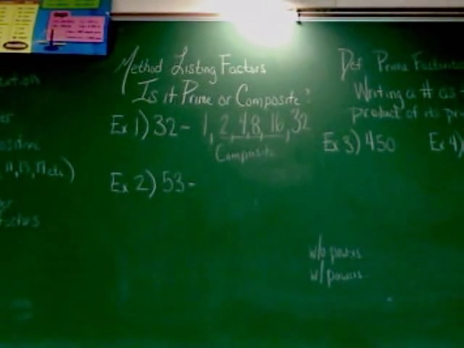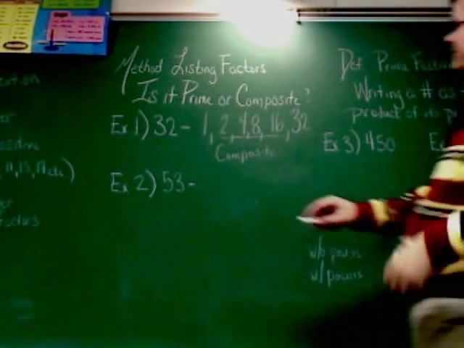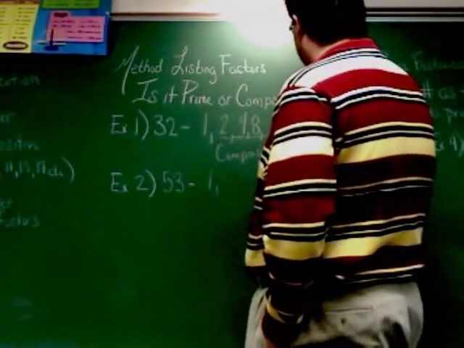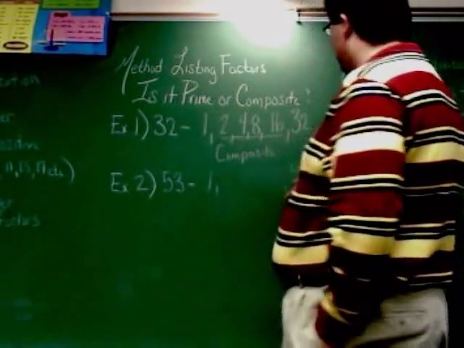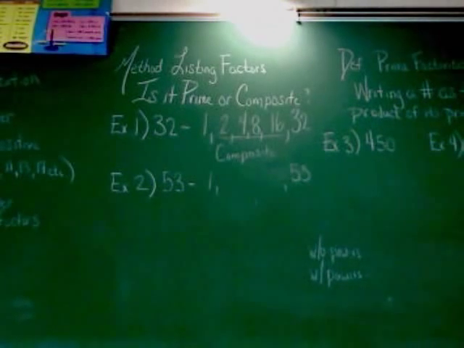All right, so let's do the same thing with 53. Give me two numbers that multiply together to make 53. 1 and 53. Give me another set of numbers that makes 53.